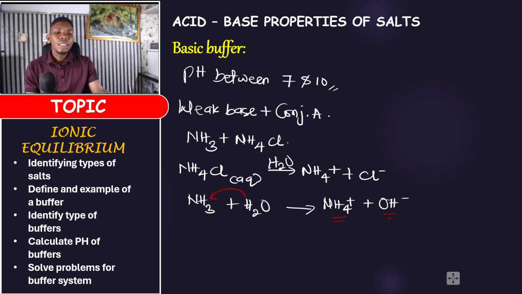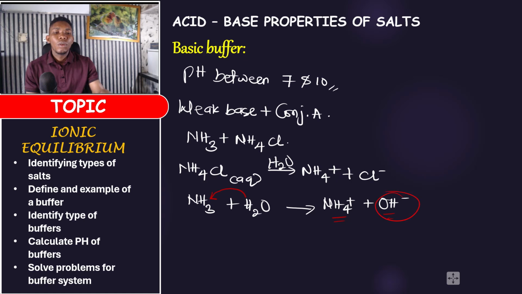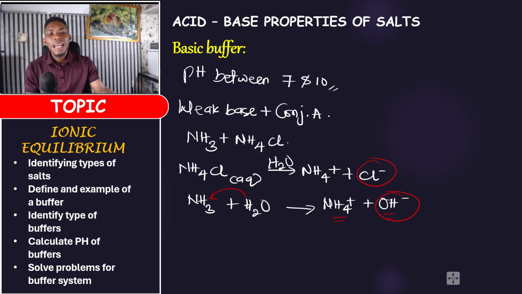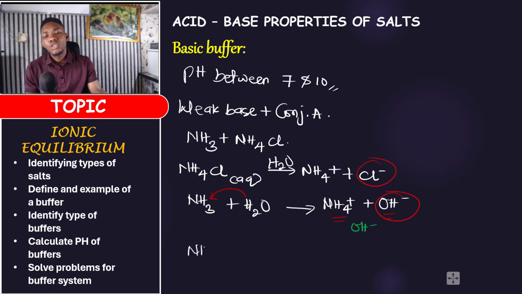So this OH is already part of the system normally, and this chloride is already part of the system normally, so you don't pay attention to them. But if there are excesses of OH in the solution, this ammonium ion will quickly grab this OH, neutralize it and bring the pH back to normalcy.